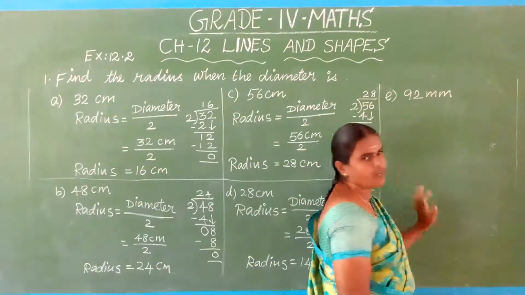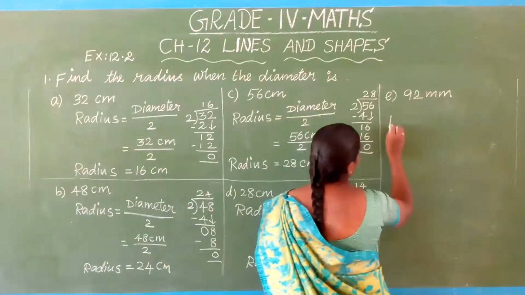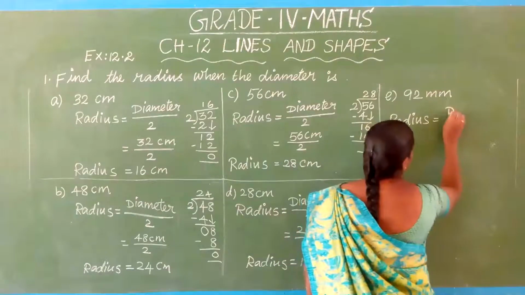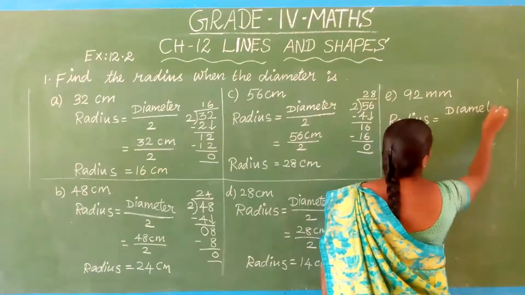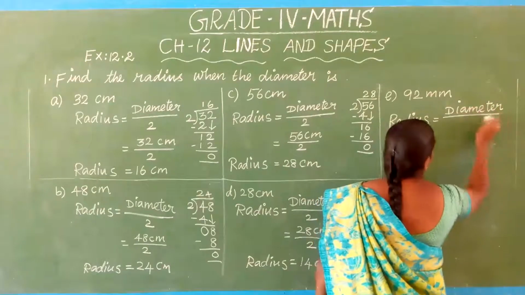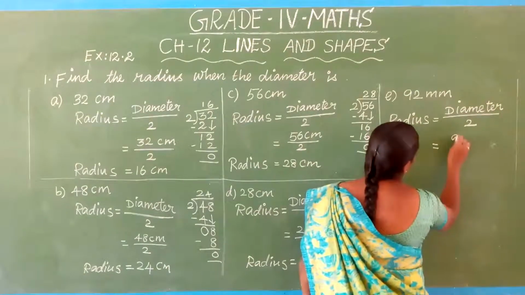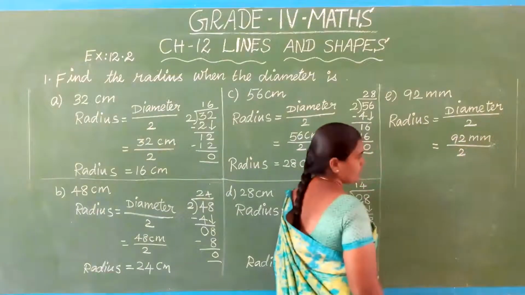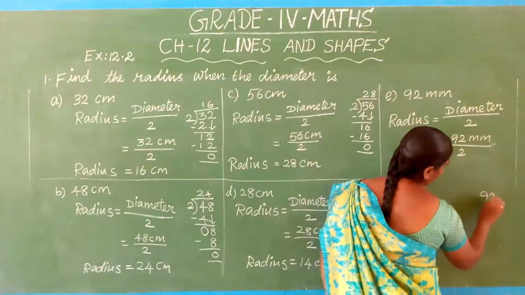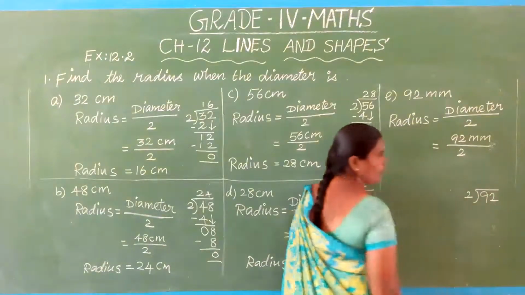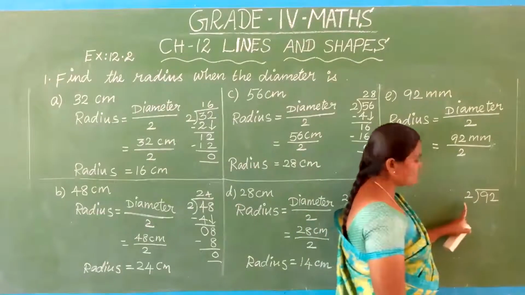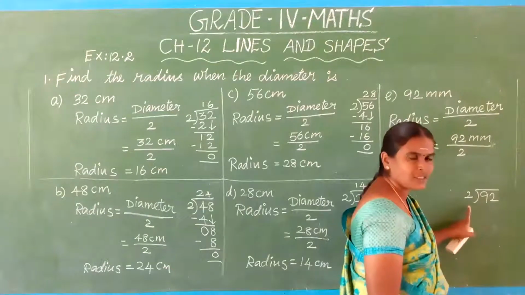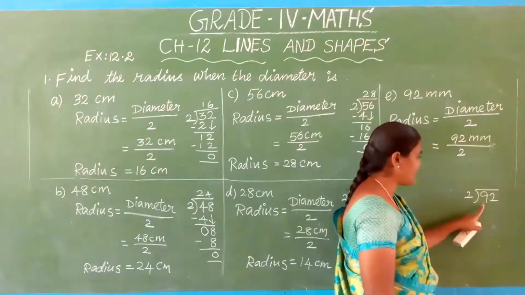So we are given millimeter. So radius is equal to diameter by 2. So what is the diameter here? 92 millimeter by 2. Now do the division. 92 divided by 2. How many times? 2 1s are 2, 2 2s are 4, 2 3s are 6, 2 4s are 8, 2 5s are 10. 10 is greater number.